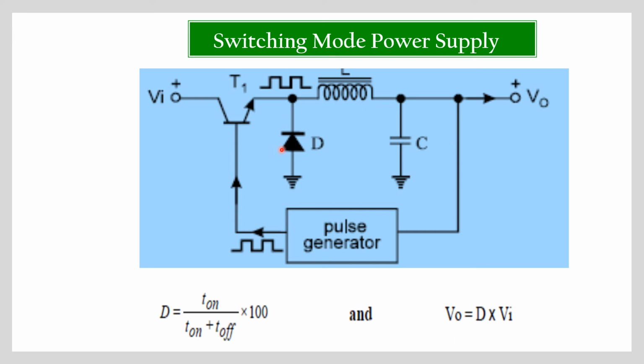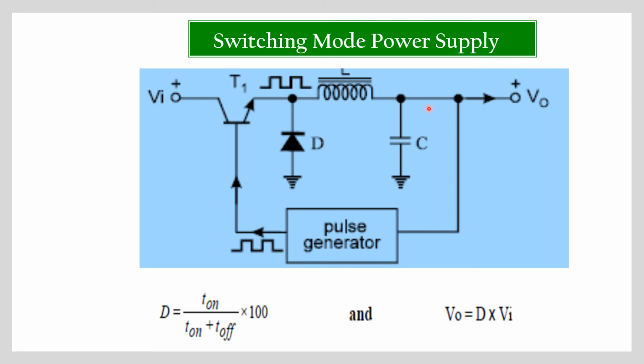The switching frequency of the transistor is about 20 kilohertz. So at the output of the transistor, that is at the emitter, we get a series of digital pulses, and these pulses are passed through the choke L. It filters out unwanted variation in the pulses.